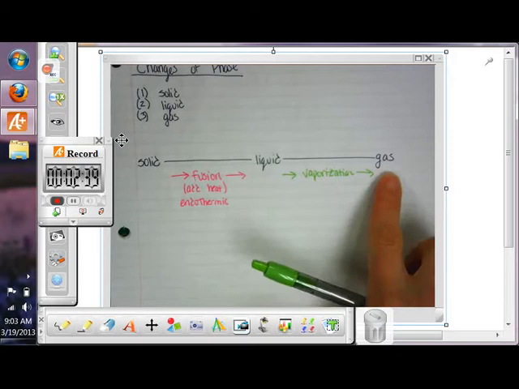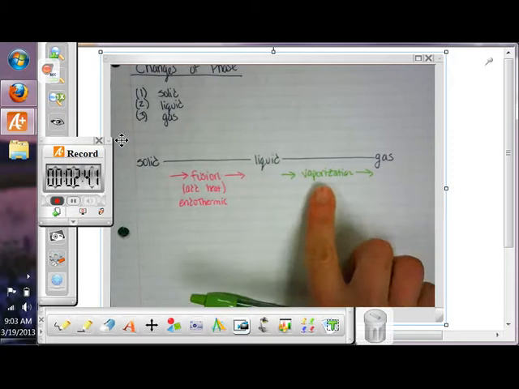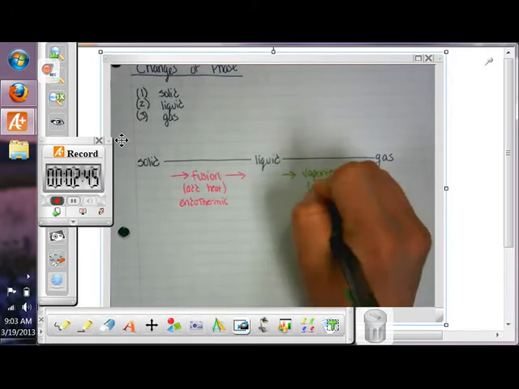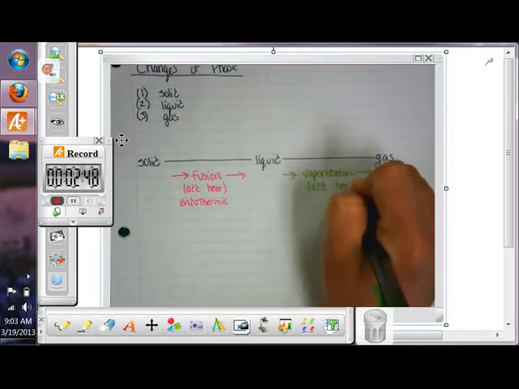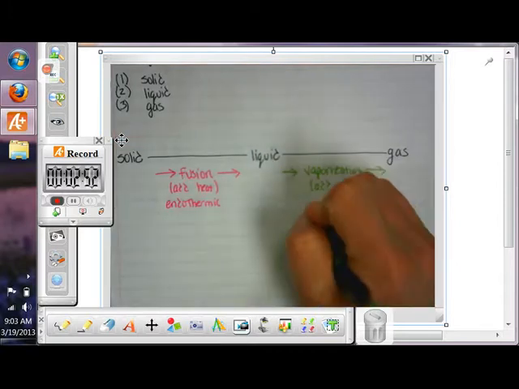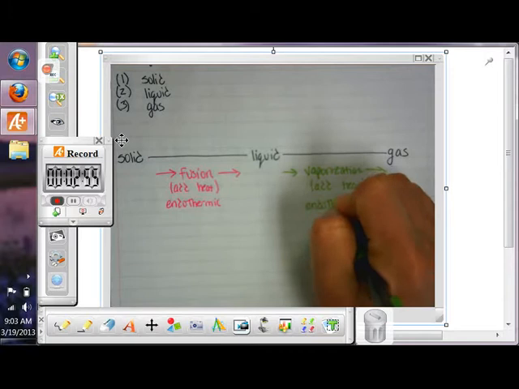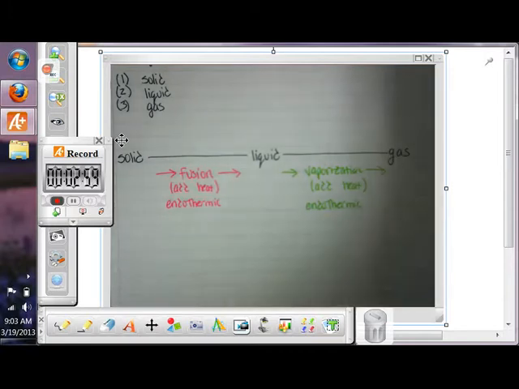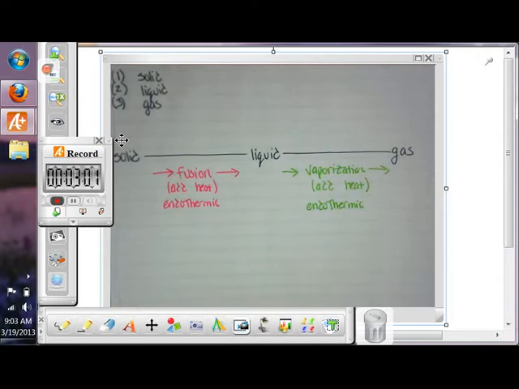Now vaporization, in order to get from liquid to a gas, you also have to add heat. Zoom in. And that is endothermic also. No, it's blurry. Let's see if we can focus that. That's better. Okay. Now to go the opposite way.